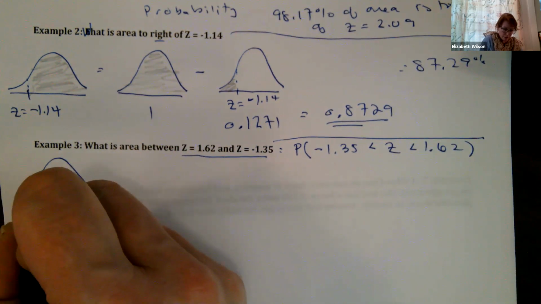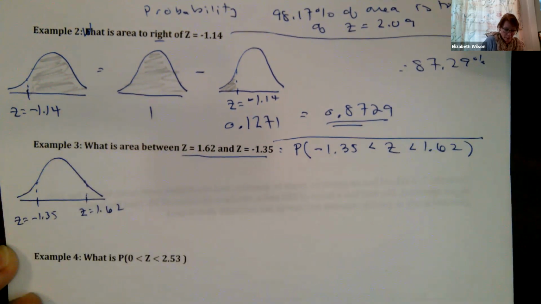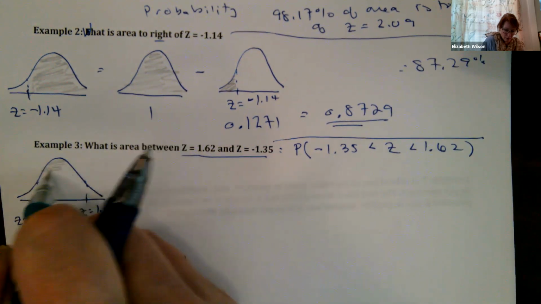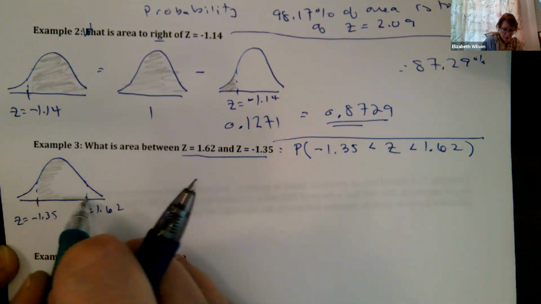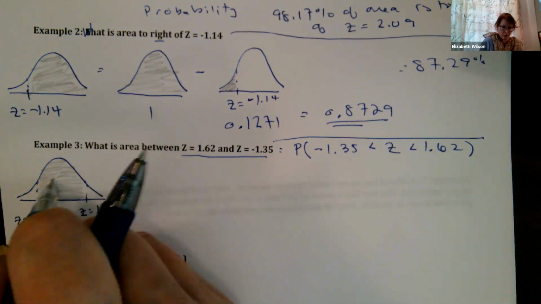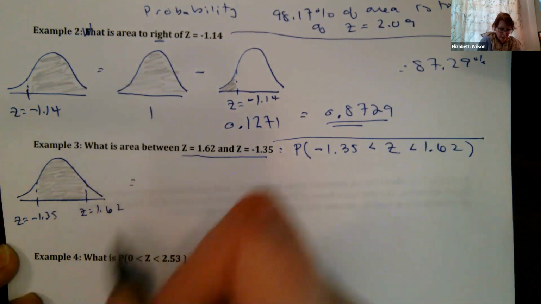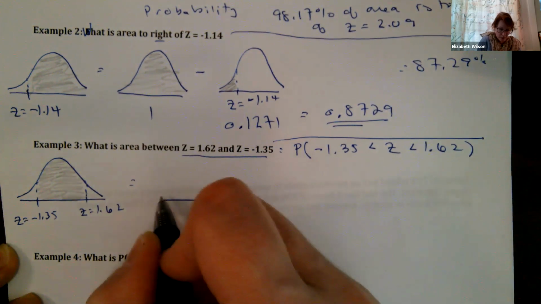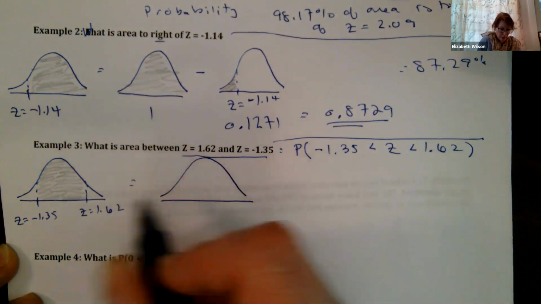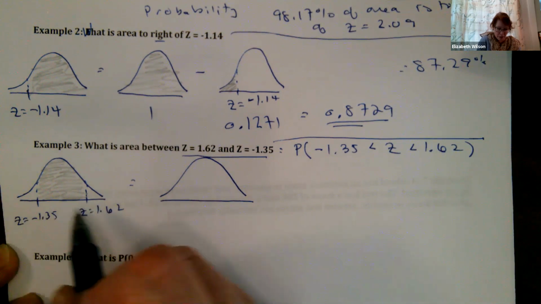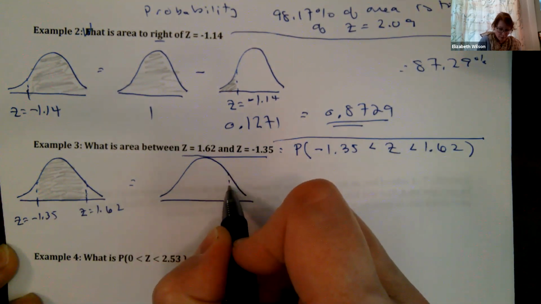And I'm looking for the area between these two values of z. Okay, so that's my goal. To get that, I need to think about the area to the left of z equals 1.62.